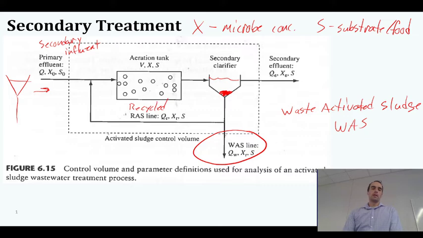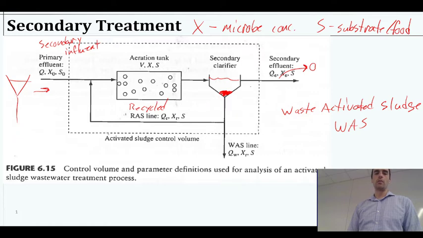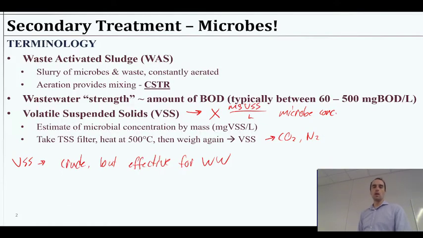Because we can increase or decrease that, and that will automatically increase or decrease the recycle and all that. So it becomes very important mathematically to have good control of that. And so normally we assume that our XE here should be close to zero, at least on this bulk mass basis. There's going to be bacteria getting out, of course, but on that mass of stuff. So that's a good question, and it becomes very important to watch for that kind of stuff.